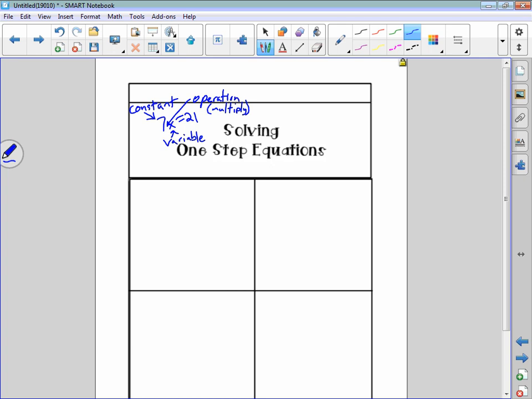We'll do another example right over here. X plus 9 equals 12. We have an addition operation. X is still the variable. And 9 is a constant.